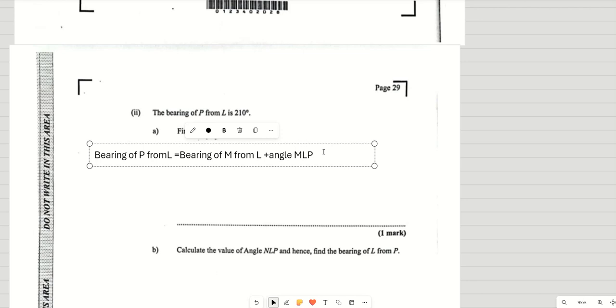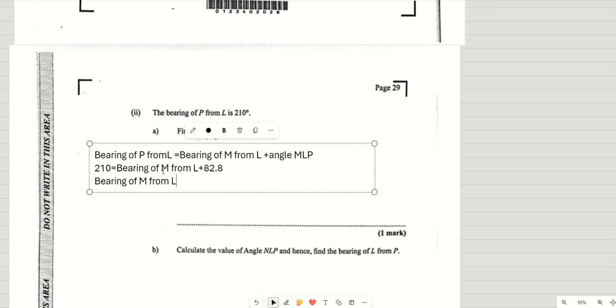All right. So that would be 210 is equal to my bearing of M from L plus the answer that I had, which was 82.8.